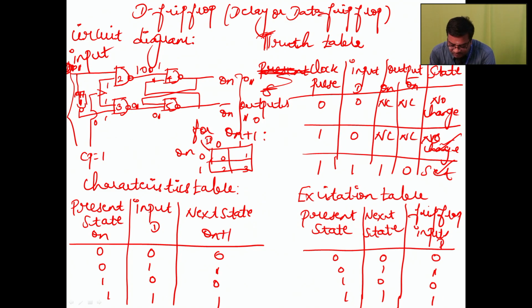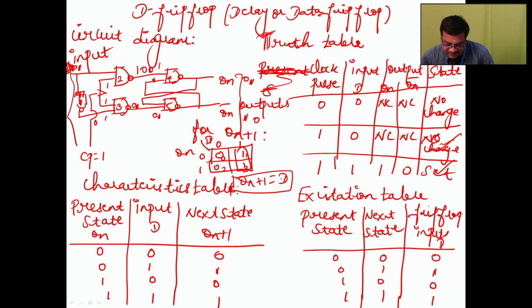Like that we are going to use here. So Q n plus 1 equal to, we will get D here, Q n plus 1 equal to D. So this is the final equation for the final conditions, Q n plus 1 equal to D.